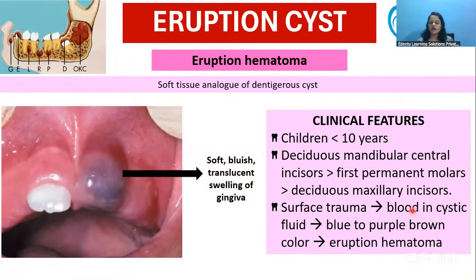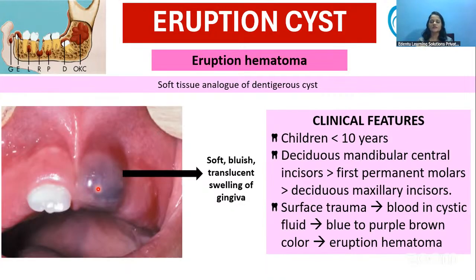Now, sometimes because of trauma from the underlying teeth, blood also can get accumulated inside with this cystic fluid. That will result in a blue to purple-brown color like this, and this is called eruption hematoma.